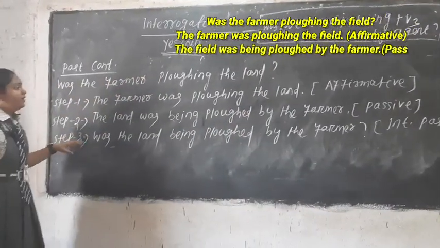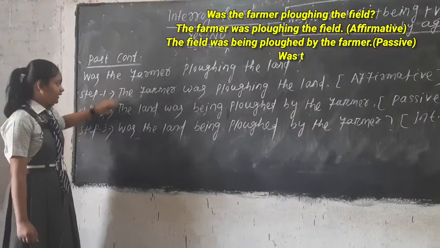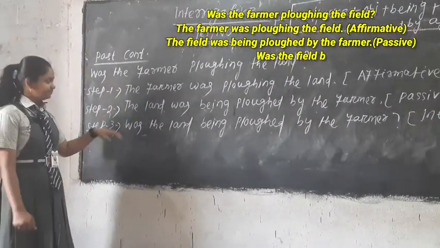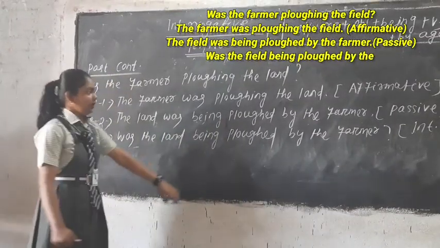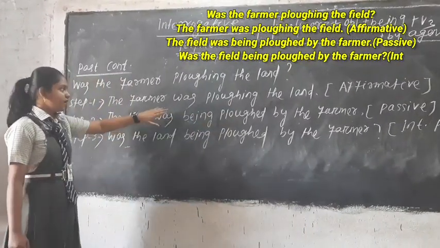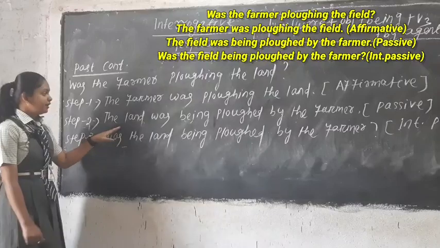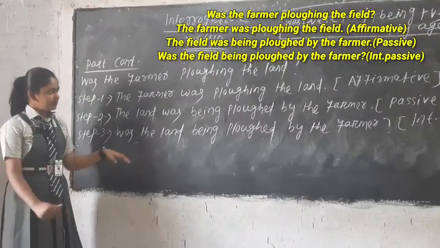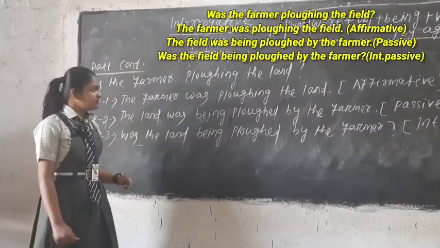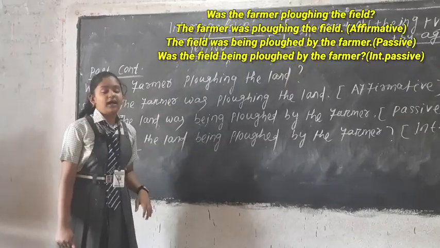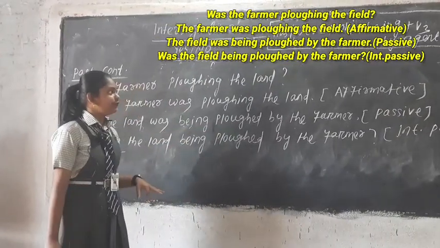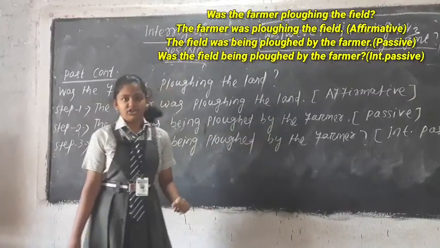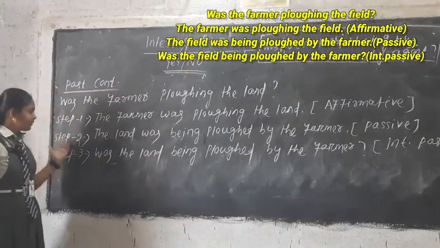Step 2 is to convert this affirmative sentence into passive voice: the land was being plowed by the farmer. The land here was the object in the active voice, it becomes the subject in the passive voice. Was is the auxiliary verb, being is added in the passive voice, plowed is the verb 3 form, and by agent, by the farmer.